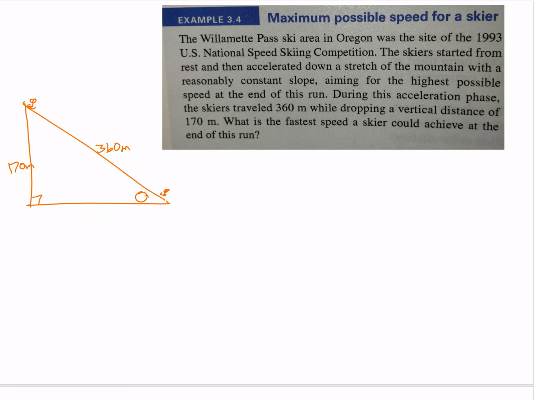On this skier, what's going on? Gravity, down. Gravity's pulling straight down. So we would tilt the axes for it. Tilted axes, okay. So then we're going to call this x, which makes y perpendicular up here.